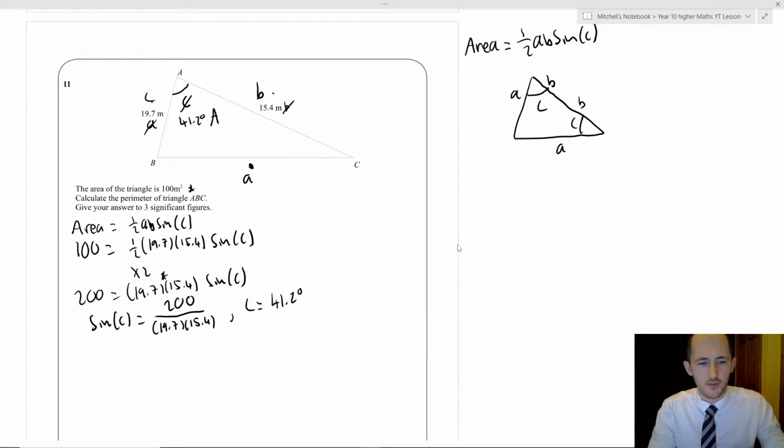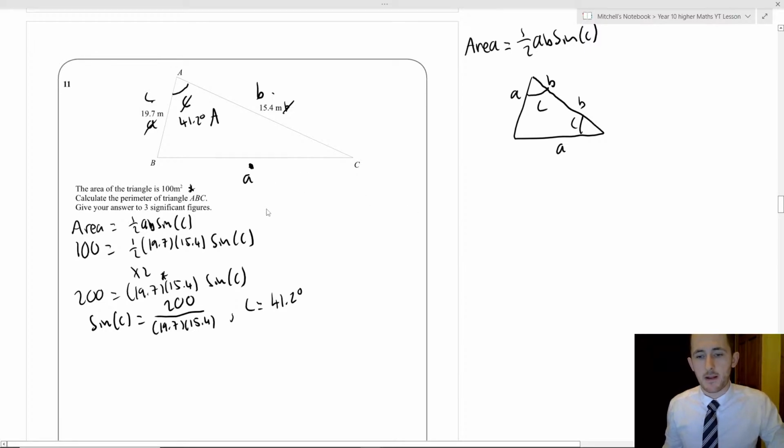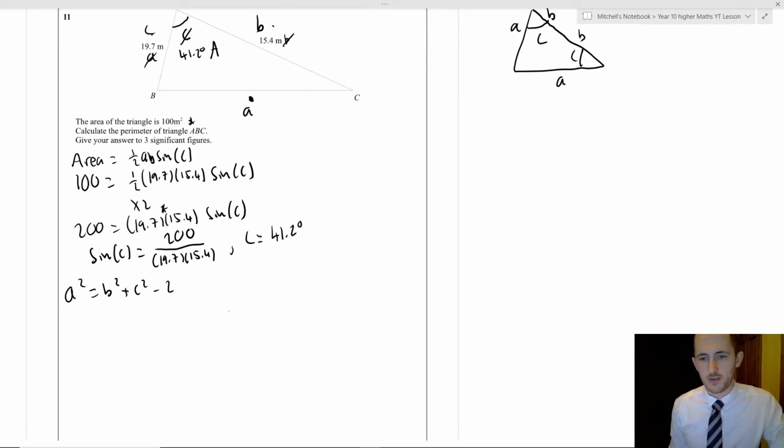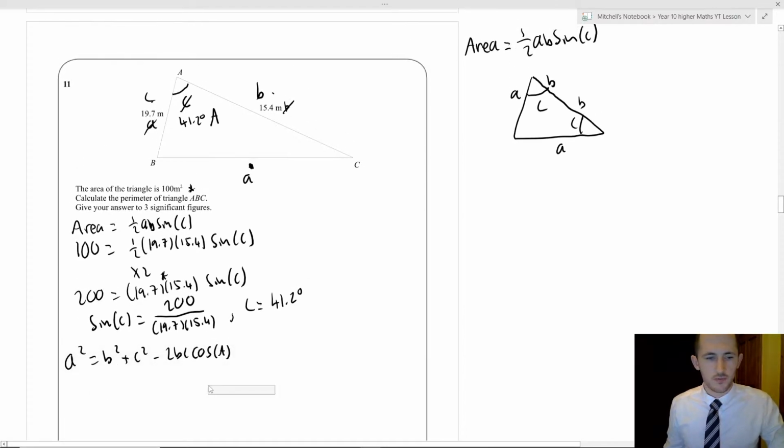Is it okay that I can just reassign the letters? Because I'm using a different formula. Okay? Why? That's a very good question. The reason why I changed it is I'm about to use the cosine rule, which looks like this: A squared equals B squared plus C squared minus 2BC cos A, right?